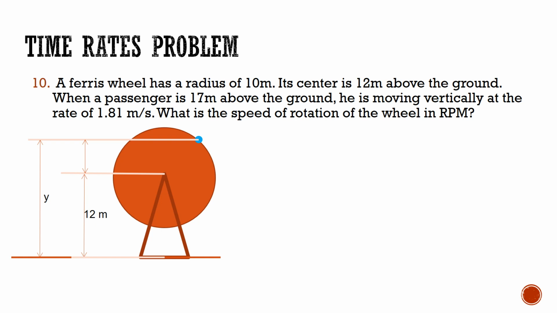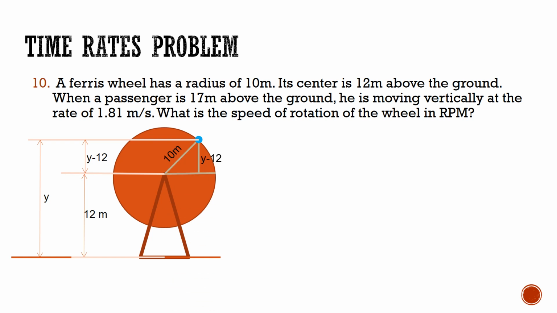Okay, so if that is 12 meters, therefore that is y minus 12, no? At yung y minus 12, let us project that along the level of the center, and then also project here the radius given, that is 10 meters.